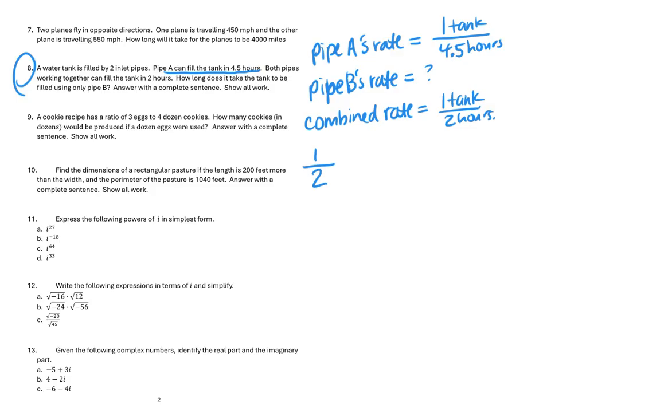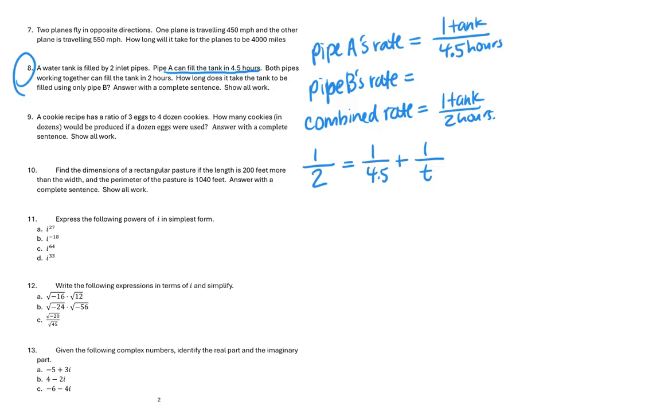So I know that the combined rate should be equal to the amount that pipe A can fill plus pipe B's rate, which is 1 over, I don't know how long it takes for pipe B to fill it.